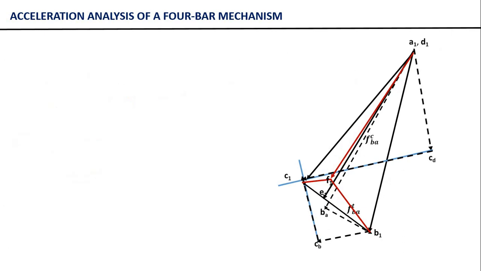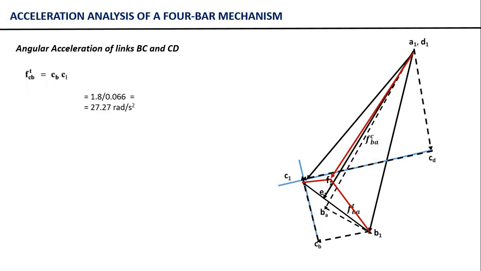Now let us come to this, how to calculate the angular accelerations of BC and CD. So again, this is very easy, right? So F_CB^T component you have already known, right? So we know that acceleration component, the tangential component, it is given by simply R alpha. So we already know the F_CB^T component, so we can measure this length CB C1, right? So this component you can see here.